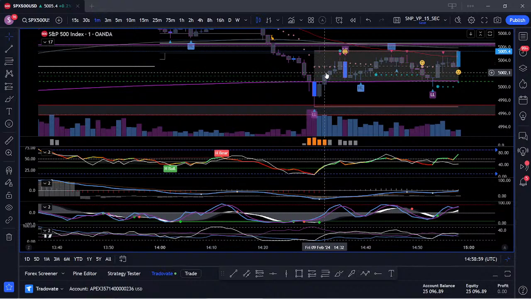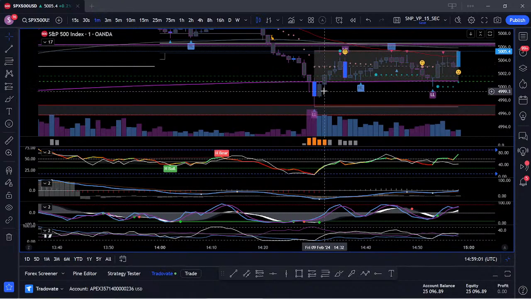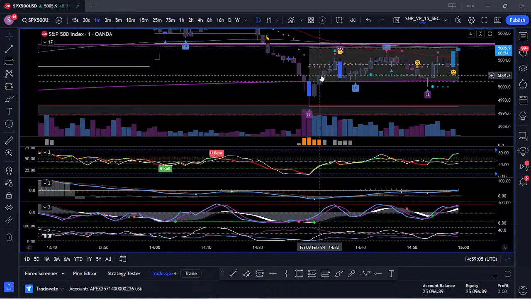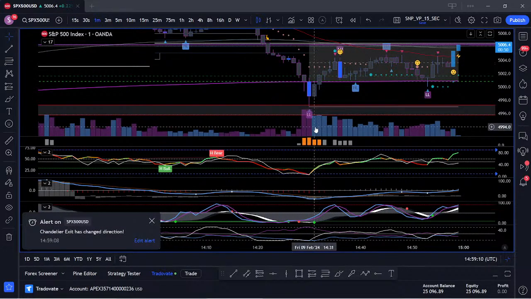So this means the first one was rejected and went up. Since it's rejected, that means these two and this one, all three belong to each other. So what does that mean?